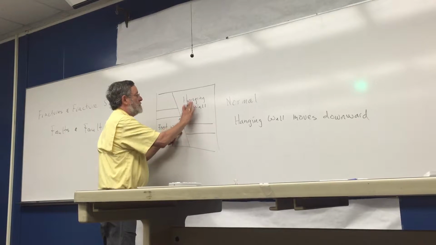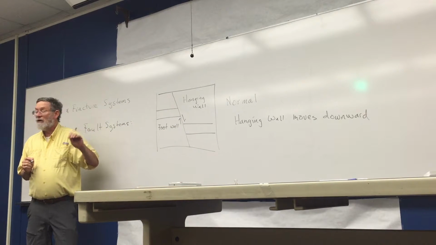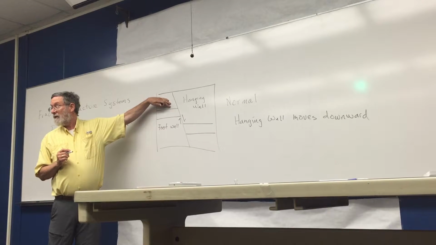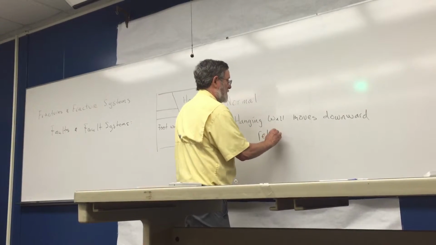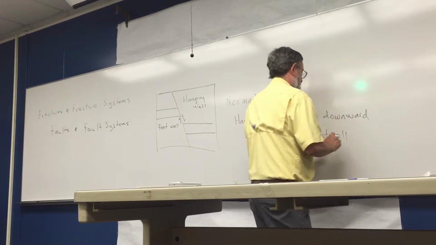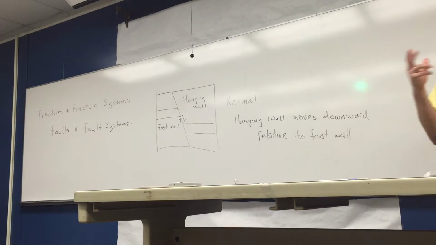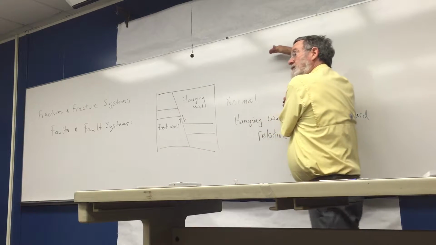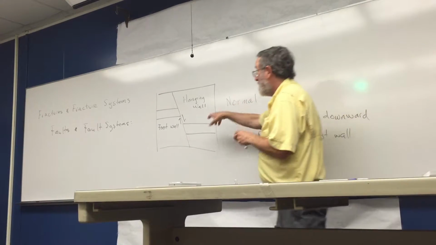So our relative displacement is like so. The foot wall is the wall beneath the fault plane. What we're imagining here is that if I took this block and picked it up, we have a slope so that the block is resting above.